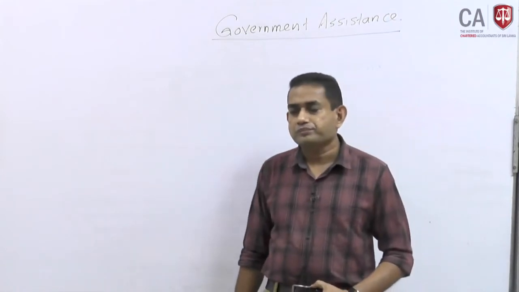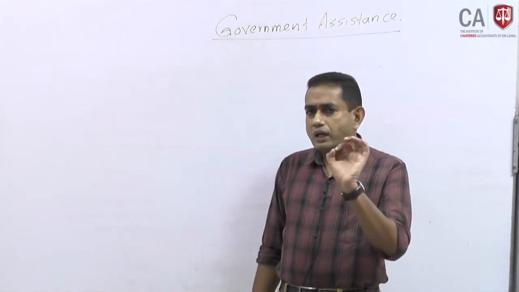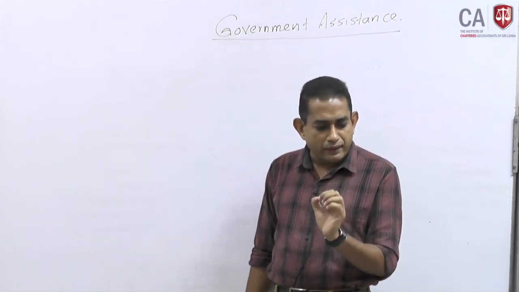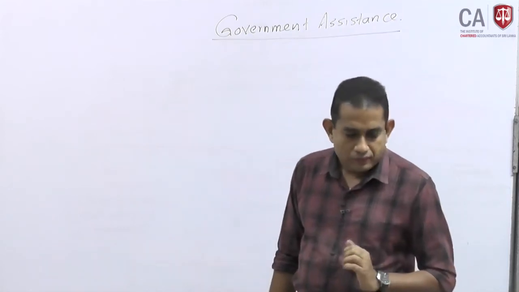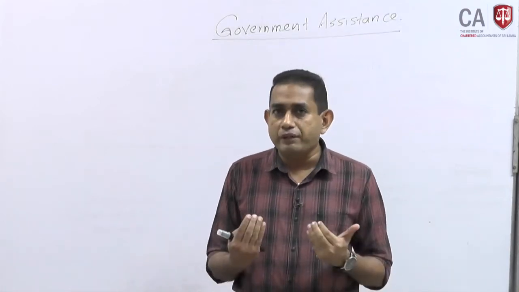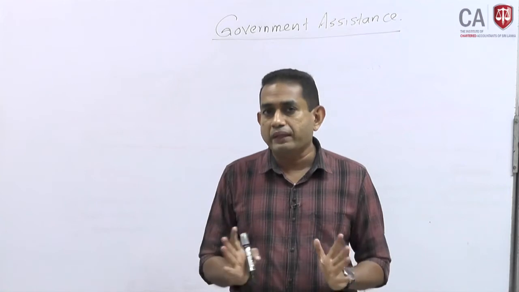Right. Now, what are the important words that need to be necessarily included in the definition? It has to be an action by the government. If you get something free from the government, only then should you apply LKAS 20.